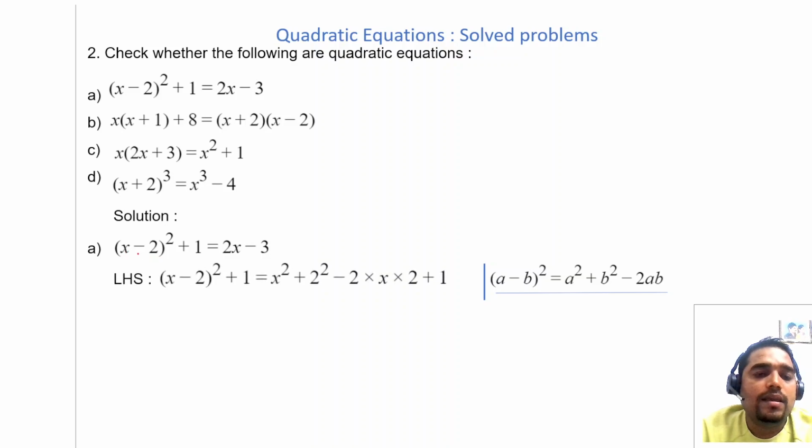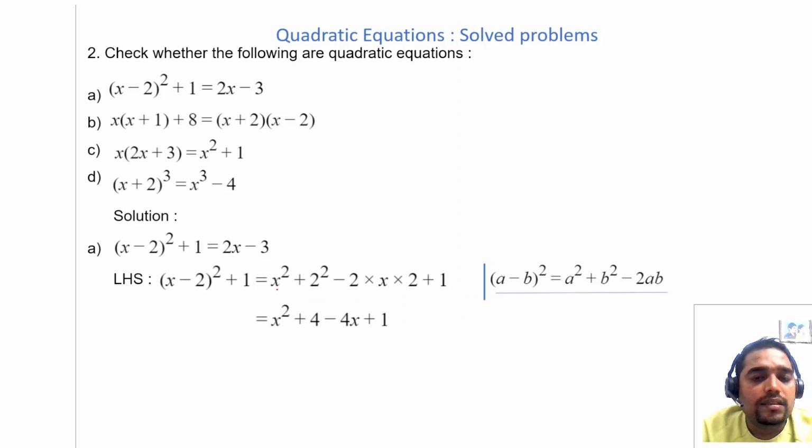Once I apply the formula and simplify the LHS terms, that is (x minus 2) whole square, I get a square plus b square minus 2ab, plus 1 as it is. In the next step, x square remains x square, 2 square is 4, and minus 2ab, 2 into 2 is 4, into x, gives 4x, plus 1.